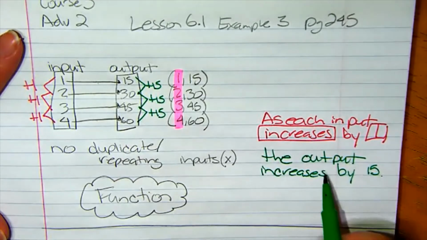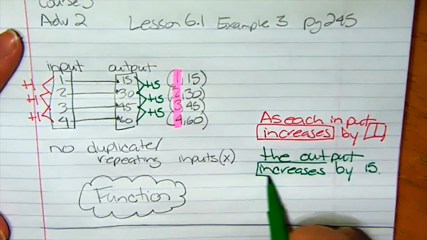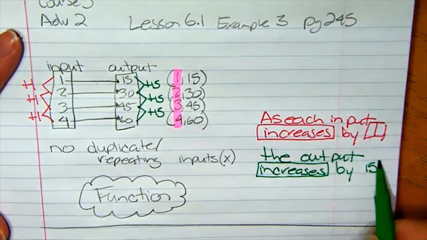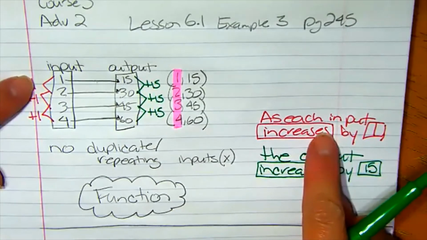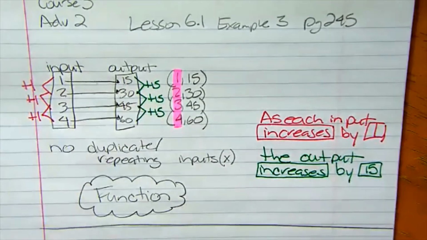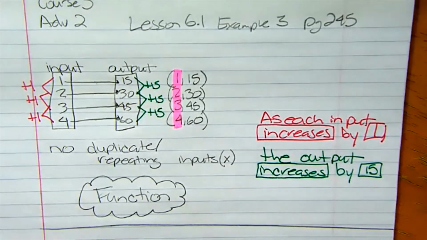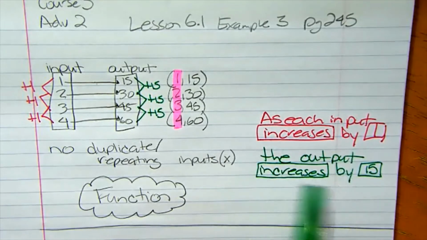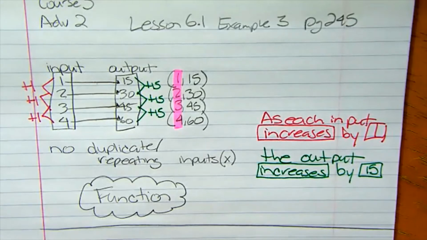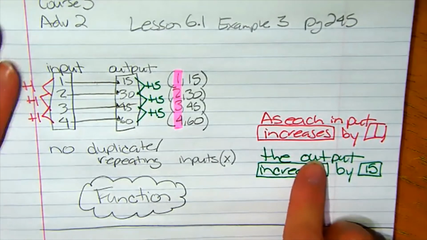So here again, it's either going to be increases or decreases, and by how much. So we describe the input and we describe the output. As each input increases by 1, the output increases by 15. So this is the new part for today.